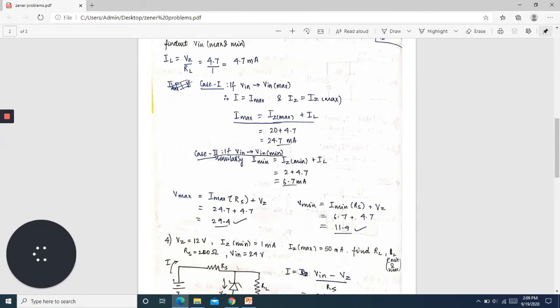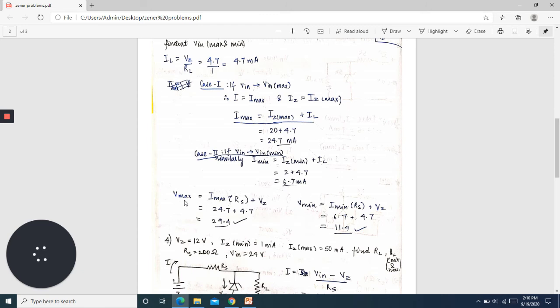Similarly, when Vin is minimum, the abbreviation changes to I minimum, which is equal to Iz minimum plus IL. Iz minimum is also given. So now we have both values, I max and I minimum.